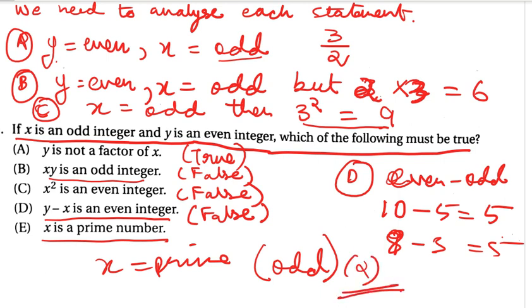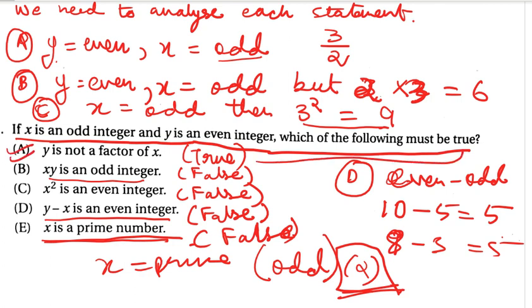That is not an odd number, it is an even number, but it is also a prime number. Hence this case is also false. So what is your final answer, students? Our final answer is A, because that is the only option that is coming as true, and we need to prove true. Alright, so very simple question.